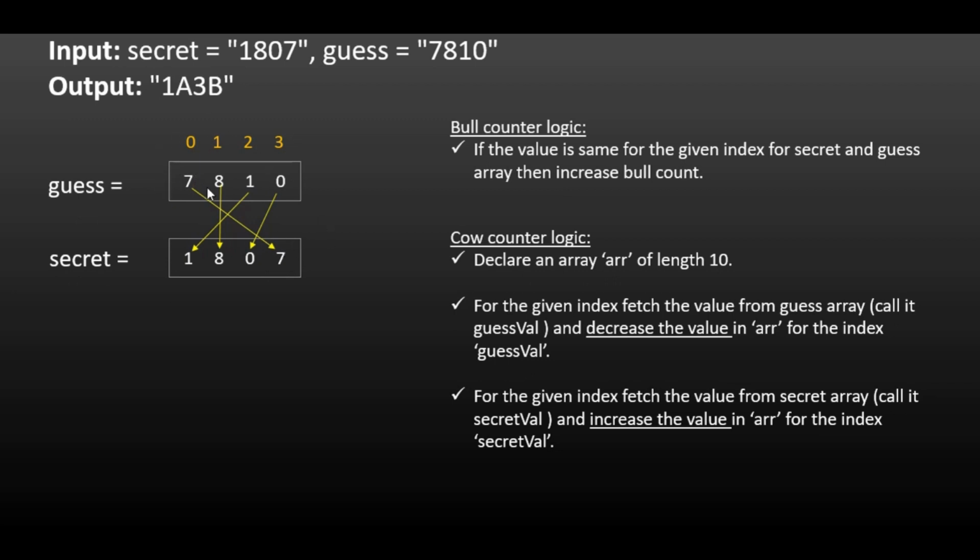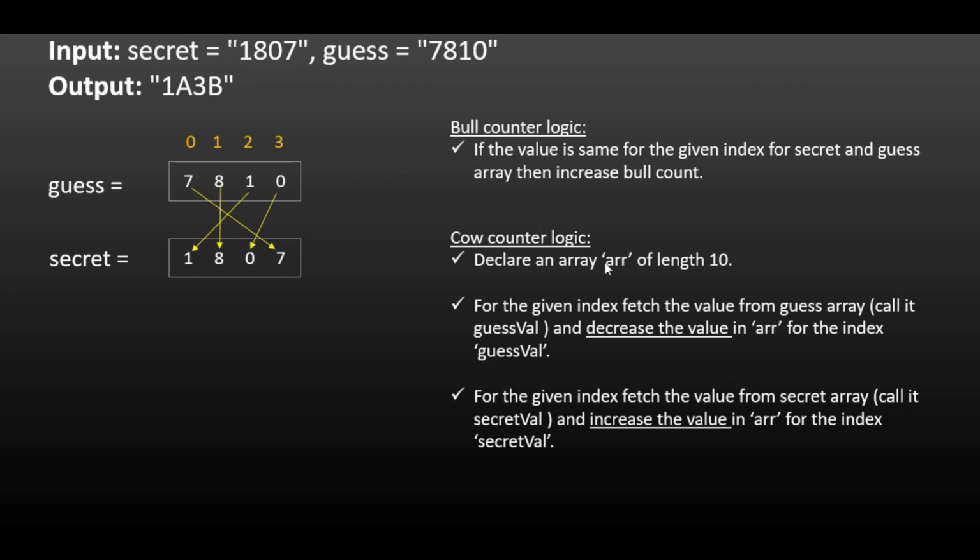One way of indicating that a given value is present or not is having a temporary array, or an auxiliary array, and indicating that in that auxiliary array. Since we know that the digits are from 0 to 9, we can have a frequency map.